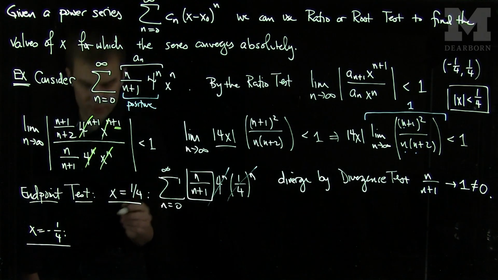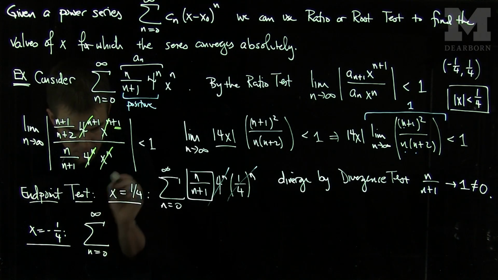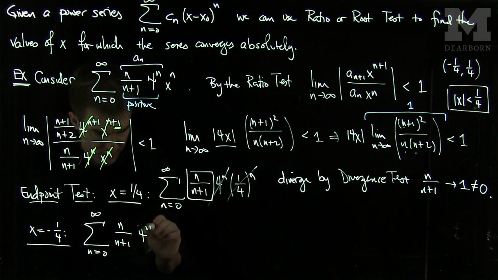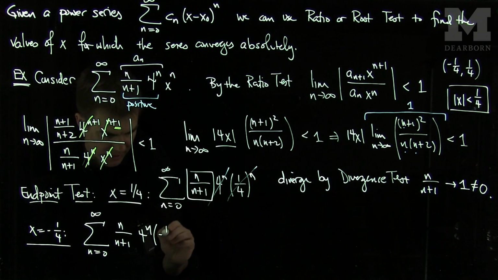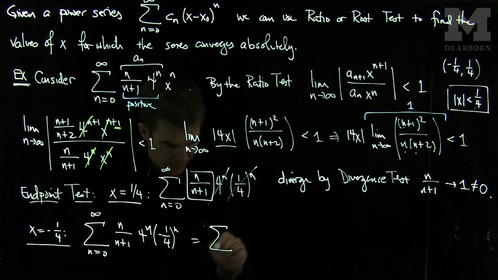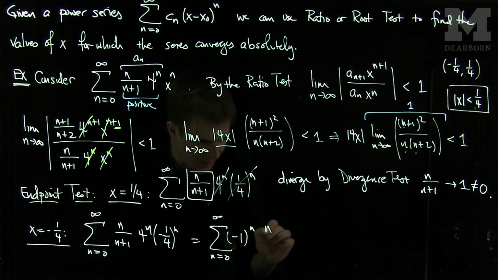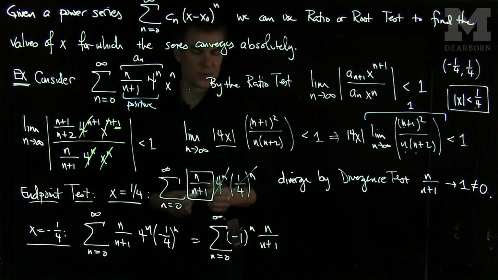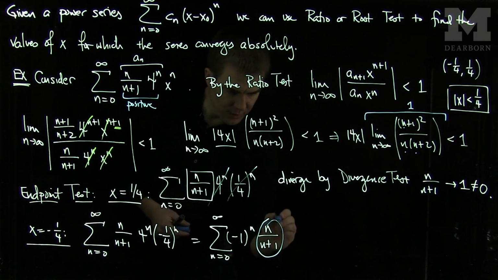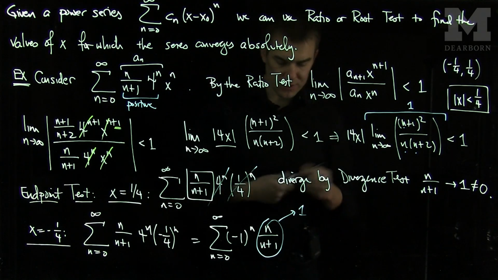We will have the sum, n goes from 0 to infinity, of n over n plus 1, times 4 to the n, times negative 1/4 to the n. So we have an alternating series: the sum of negative 1 to the n times n over n plus 1. Again, since n over n plus 1 converges to 1 as n goes to infinity, we see that this diverges.